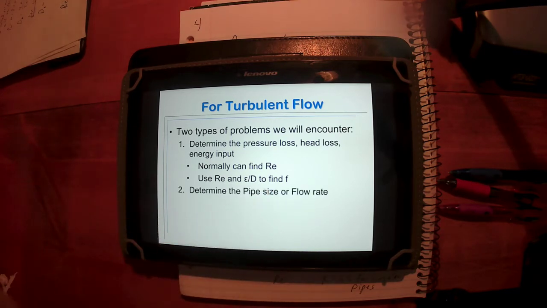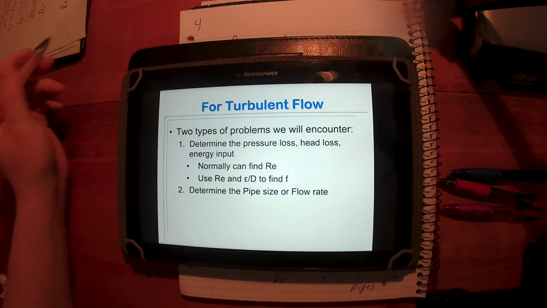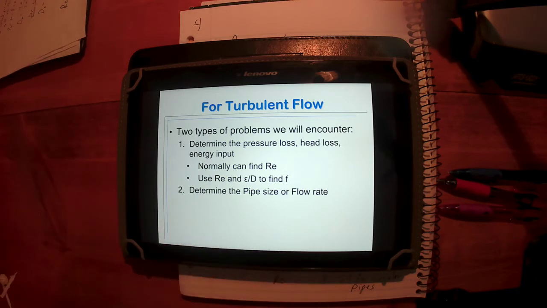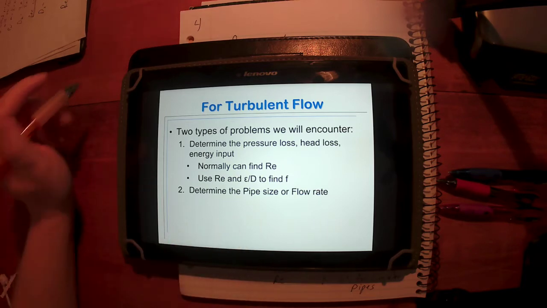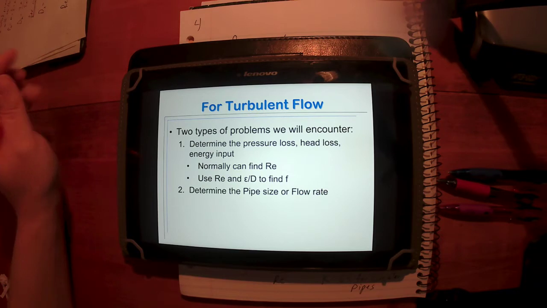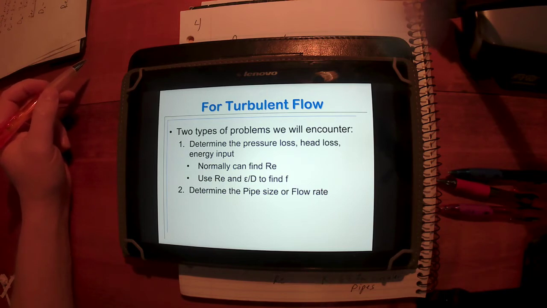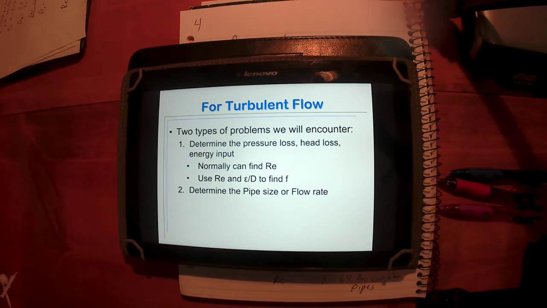What's more likely is you're going to be in a situation where you know the amount of flow rate that you need to achieve, or you need to figure out what pipe to go buy. You're actually going to have to purchase the piping needed to achieve a certain flow rate, or again, maybe you need to determine the flow rate. Maybe the piping system already exists and you need to know, if I hook up this pump to it, how much flow rate can I expect to get through it.